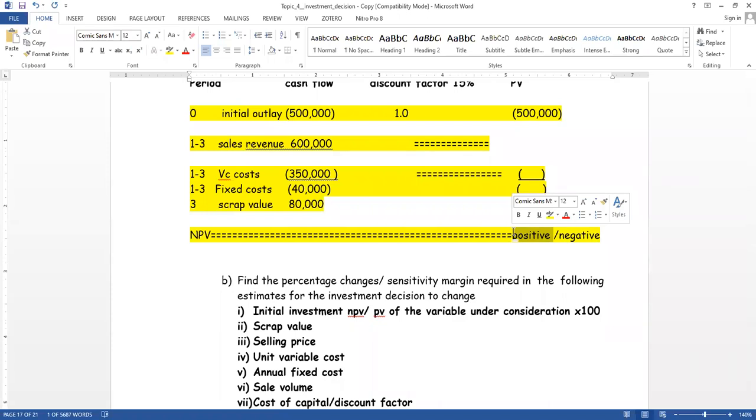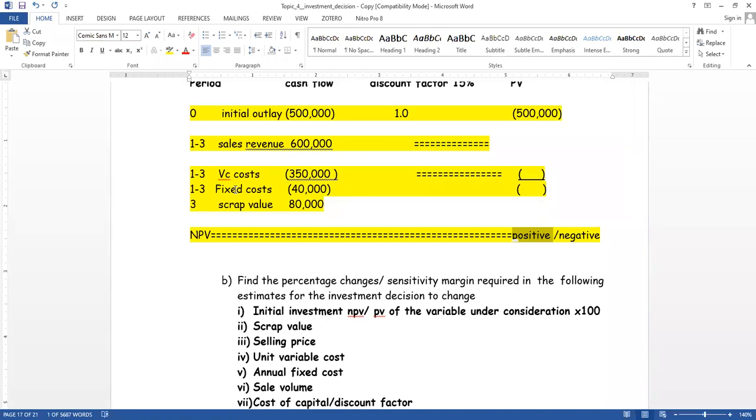Then I am looking at the sensitivity. How sensitive is each of these parameters we are given to the decision? Okay, how sensitive will the parameters given there be to the decision that I've taken?